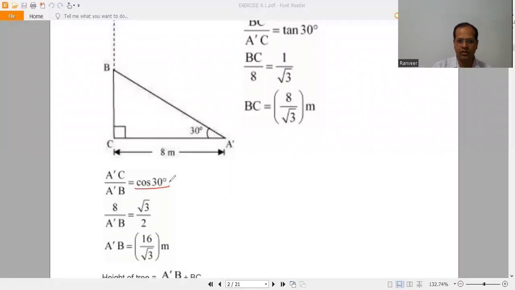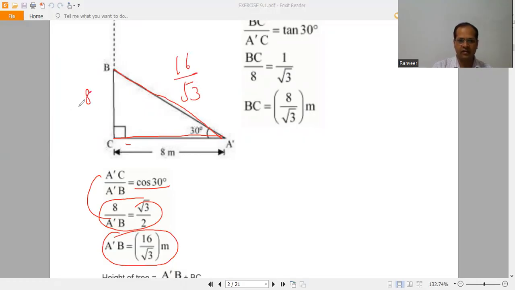Here we took cos theta. So cos theta is A dash C divided by A dash B. Substituting the value 8, we get A dash B equal to 16 by root 3. This is 16 by root 3 and this is 8 by root 3.